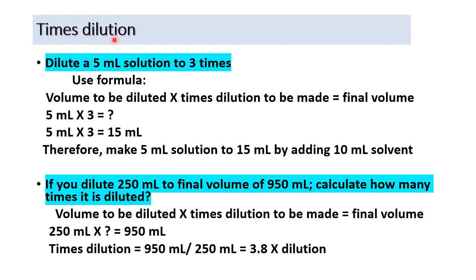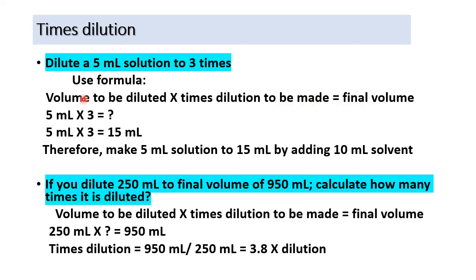Calculation of times dilution is also very important in many solutions. For example, if you have to dilute a 5 ml solution 3 times, how would you do that? You simply use this formula: volume to be diluted times dilution to be made equals final volume.